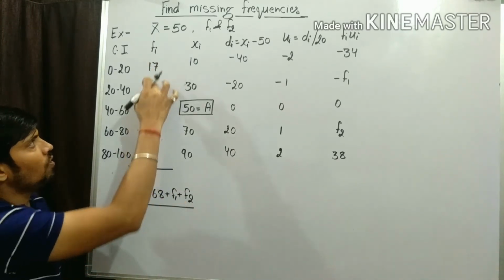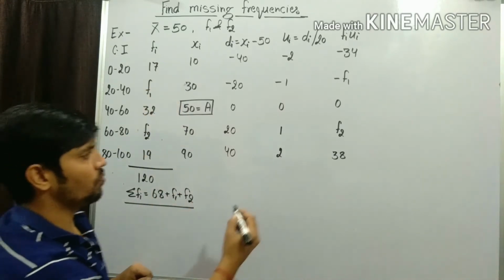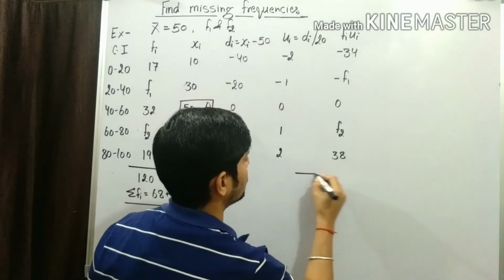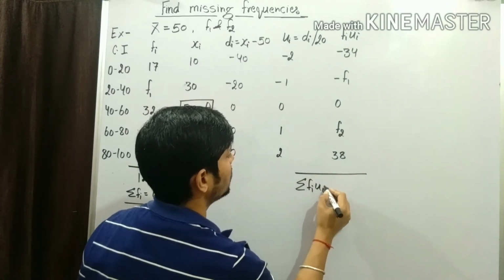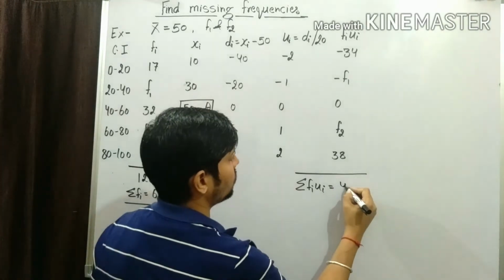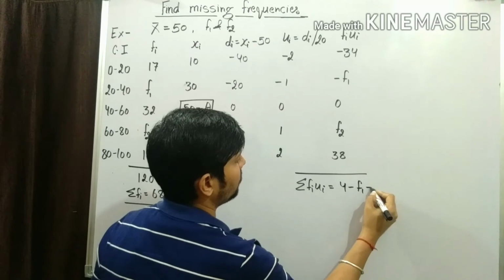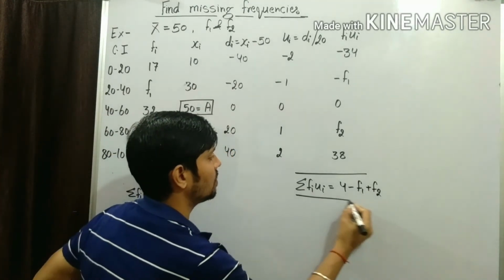But the sum of all these terms is equal to 68 plus f1 plus f2. Next we have to find the summation of fi ui. On adding, we are getting 4 minus f1 plus f2. Now we have all the terms.